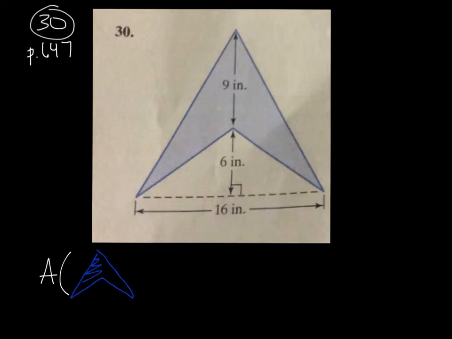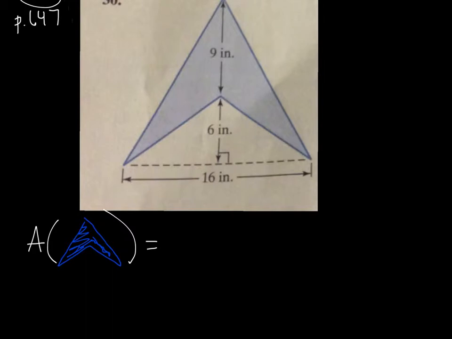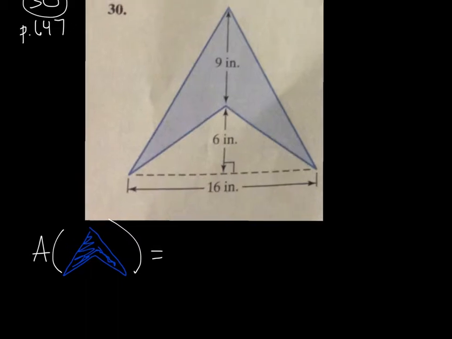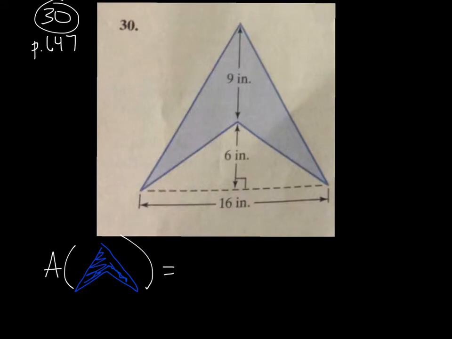Well, let's construct it knowing what we've learned about triangles and the area of triangles. This is going to be the area of, I'm just going to call it the big triangle, and I'm going to subtract the smaller triangle. If we find this whole area and subtract the smaller triangle, I get this left.